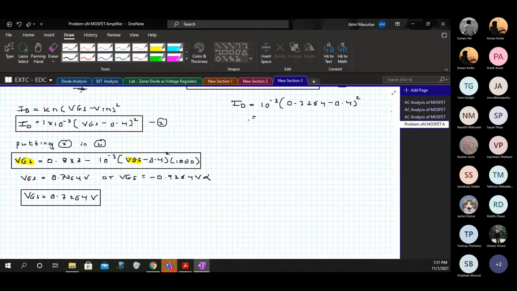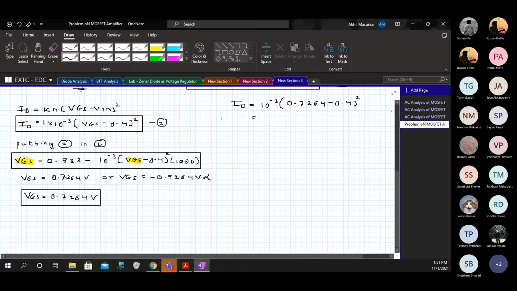What is the value of ID? 0.106, correct? So I'll write here 106.5 microamperes. Correct. That value is correct. Yes, Soham, your value is correct too.